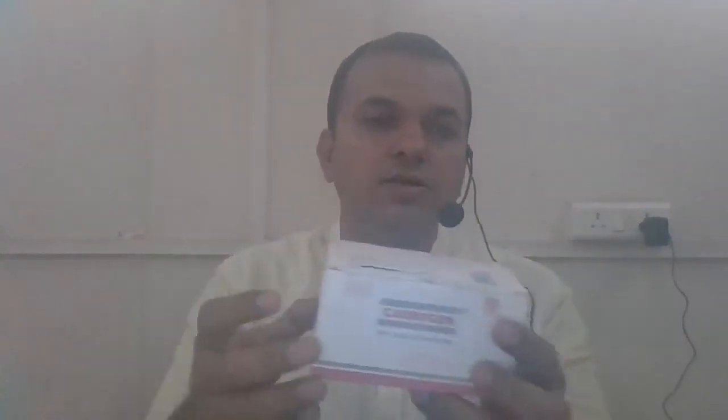And then second is the carbogen kit. This is the RPR test kit from Tulip Diagnostics, so it is a carbogen, but the name can be different if you have a different manufacturer. So it is an RPR test kit, commercially available.